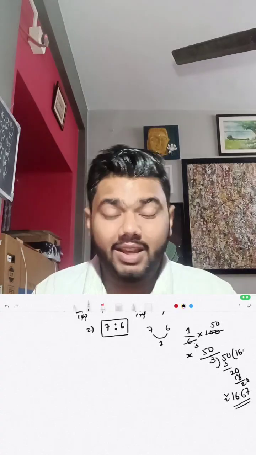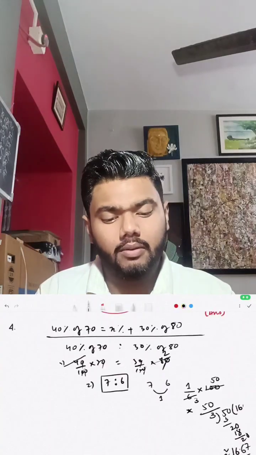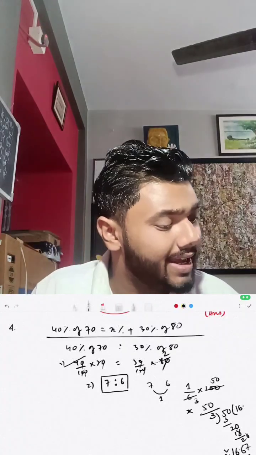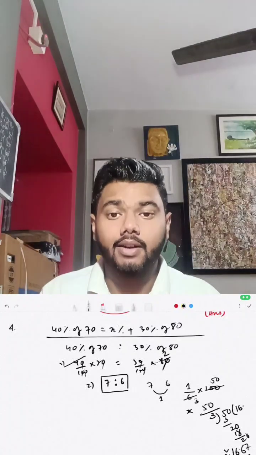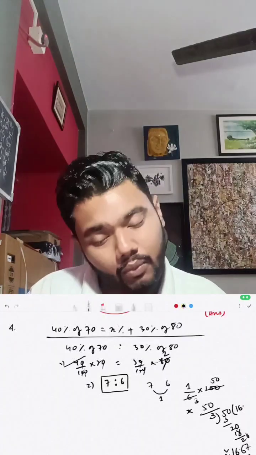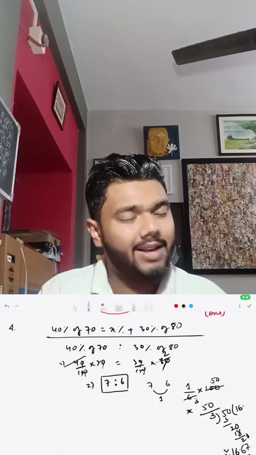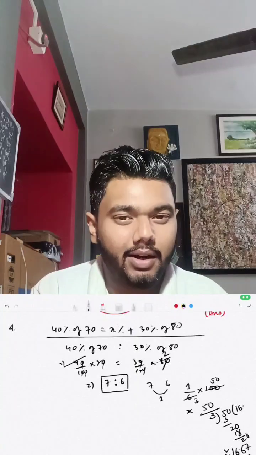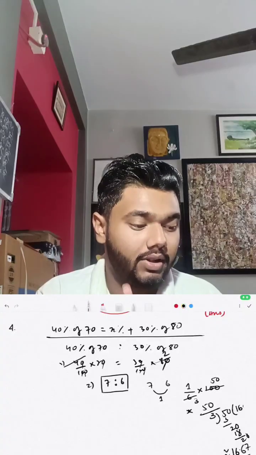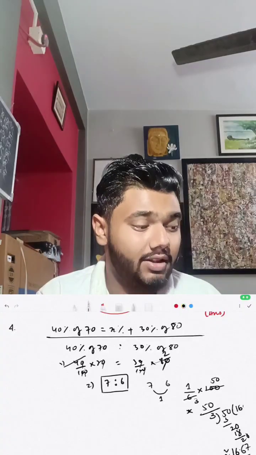And in the same case, in later questions I will mention, here x is more than 30% of 80, but in some questions it will be given that x is less than 30% of 80. As question number 4 mentions, x is more than 30.